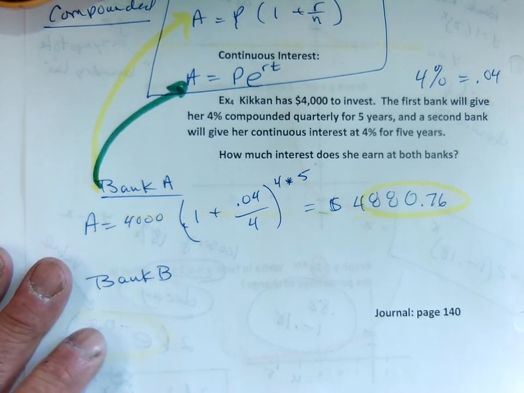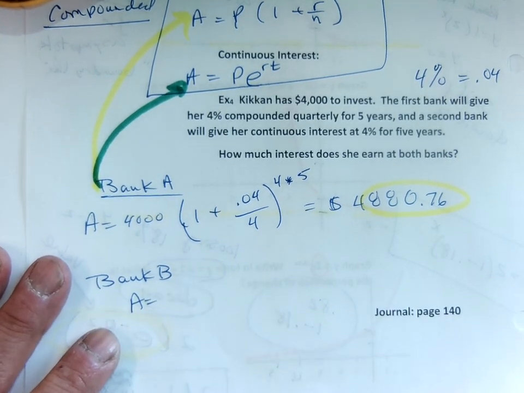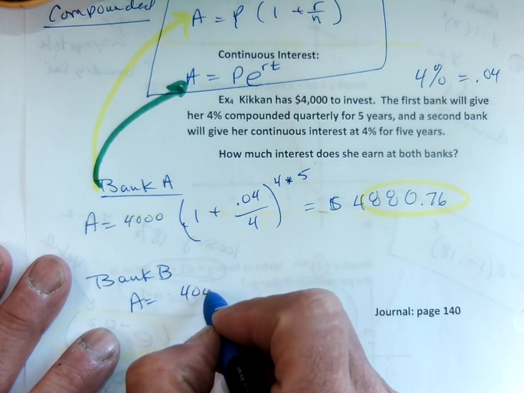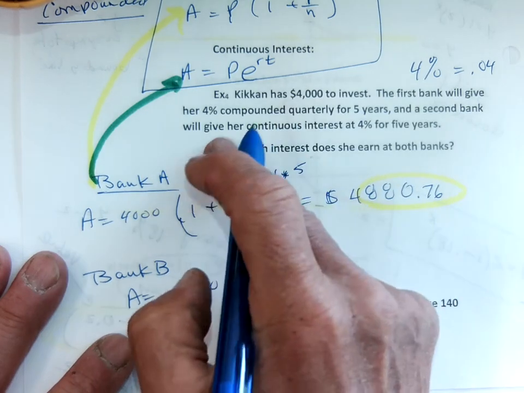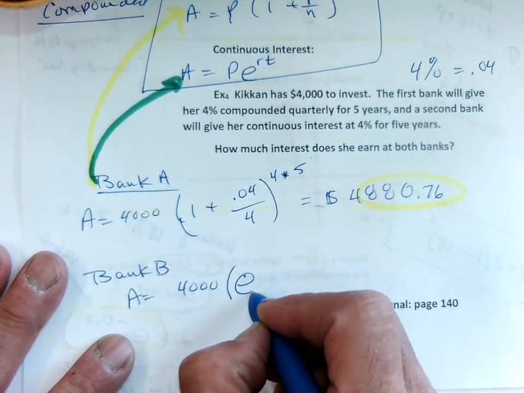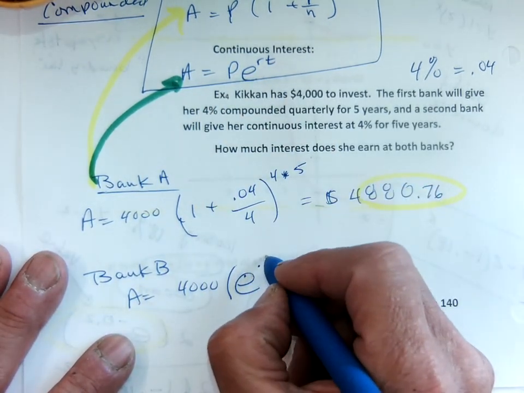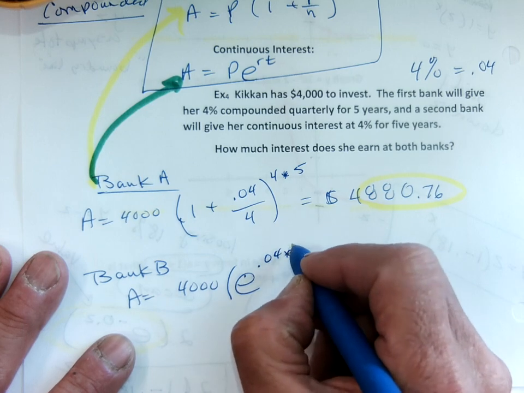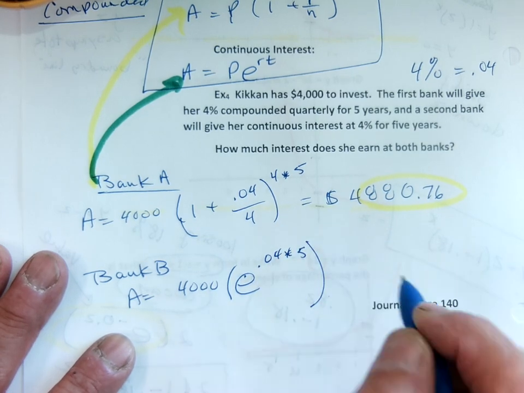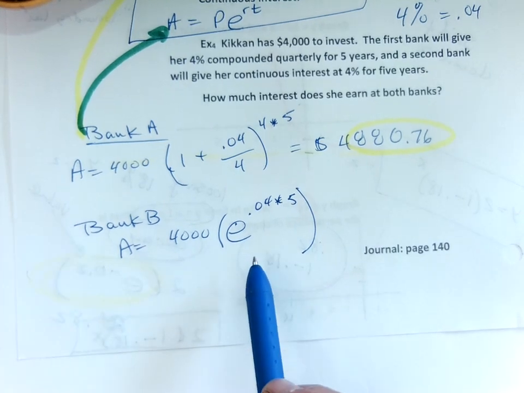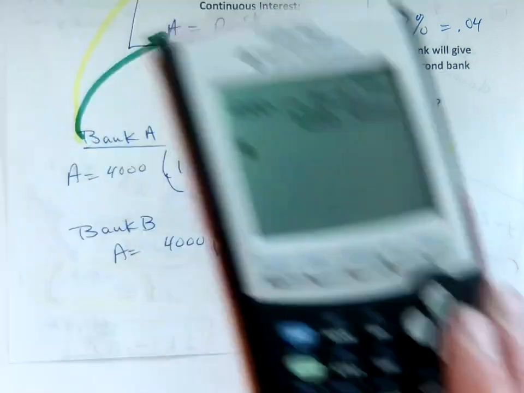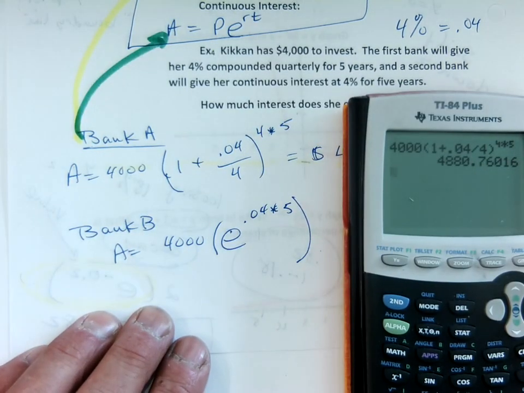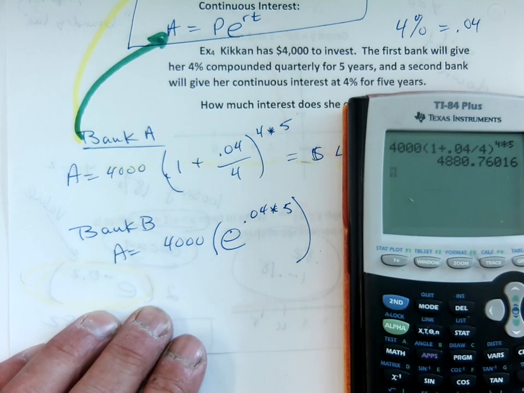So Keegan's going to take, her amount is going to be $4,000 times my e, to the 0.04 times 5, okay? That's the number e in my calculator. So I'll use my calculator, and the e button is by the ln, by the log. It's in blue.